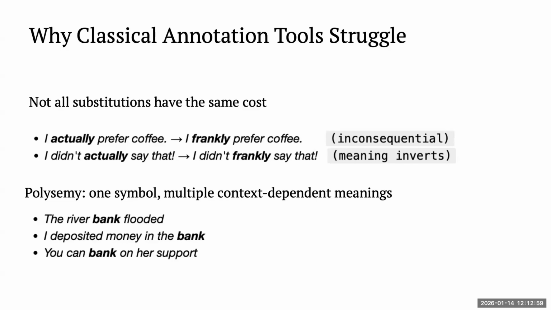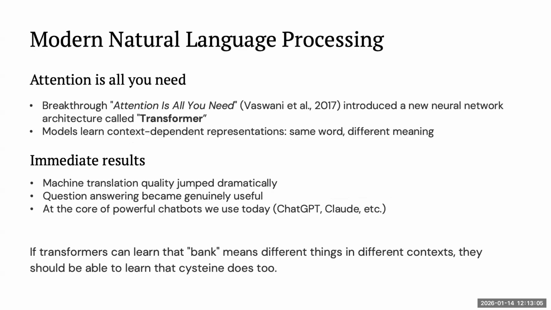If you've been using generative AI chatbots lately, you might wonder how it knows the difference between these things. The breakthrough was in a paper published in 2017 called Attention Is All You Need, by a group from Google. It introduced a new neural network architecture called the transformer.